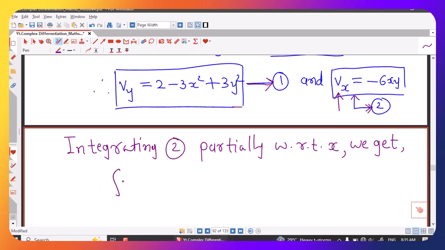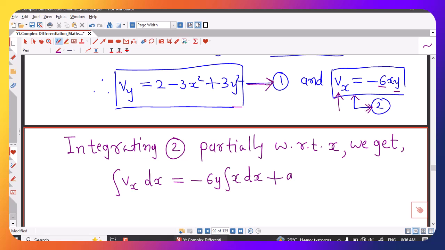So on the left hand side I am writing integral of del v by del x with respect to x, equal to minus 6y, which is constant, and we will integrate x with respect to x, and whatever constant term will be there may include y terms also.